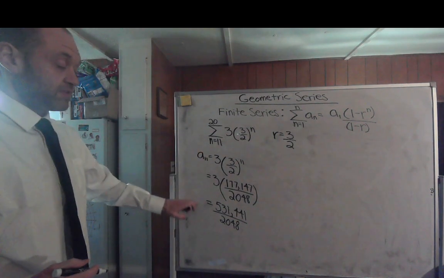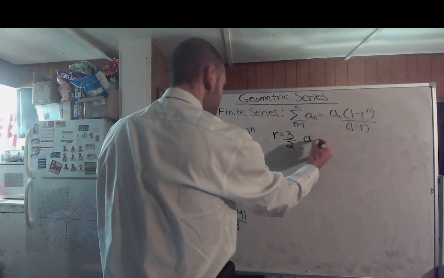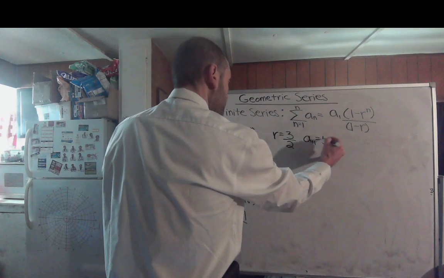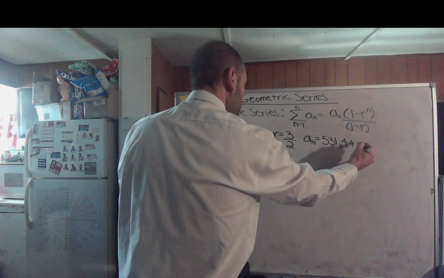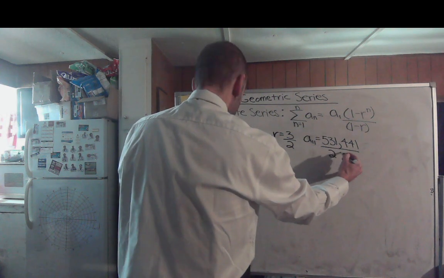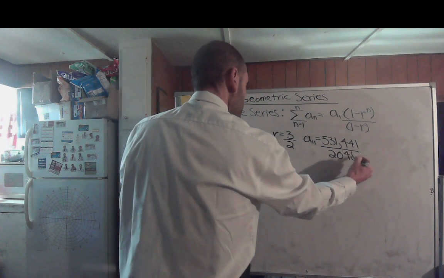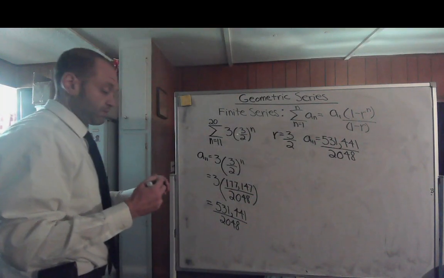So my 11th term, which is my first term, is actually going to be that 531,441 all over 2,048. That's going to act like my first term for this formula.